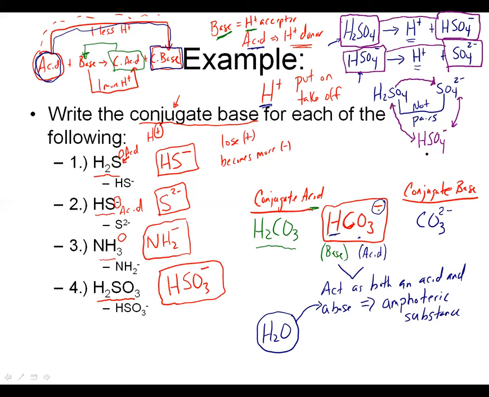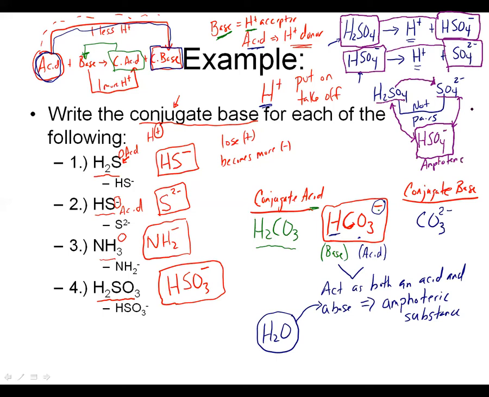And as you can imagine, this one right here is also amphoteric. If it gains an H plus, it will come this way, which means it acts as a base. If it loses an H plus, it will come this way, and it means it acts as an acid. So it also has the ability to be amphoteric. It could act as an acid or a base.